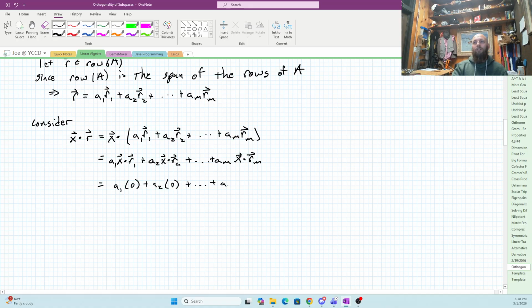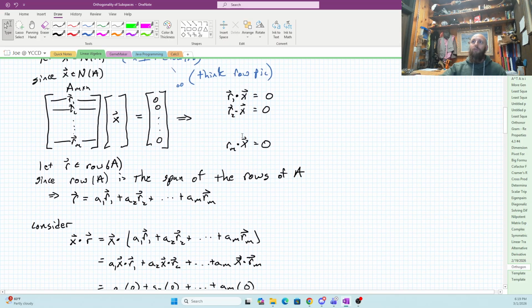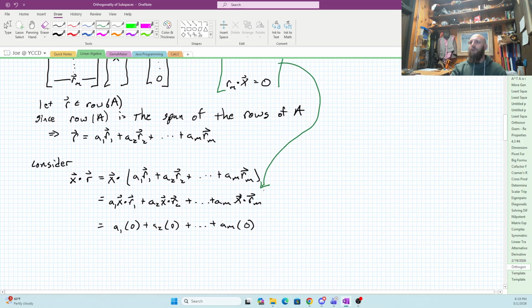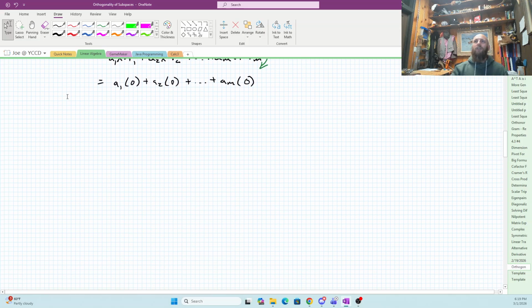Why do I know that these are all 0? Well, earlier we considered the row pictures. So I took this information and we stuffed it in right there. And that got us to all of these quantities being 0. And then we can do a little simplification here. So that's 0 plus 0 plus 0, so that gets me 0.